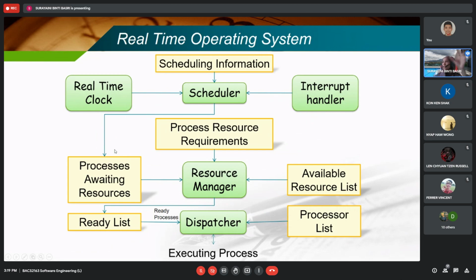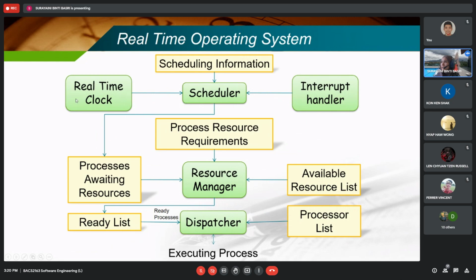Okay, so this is how each of the components in the RTOS works together. First, the scheduler. The scheduler will receive some information from the real-time clock, and it may also get the stimuli from the interrupt handler. Besides that, it also needs the scheduling information.